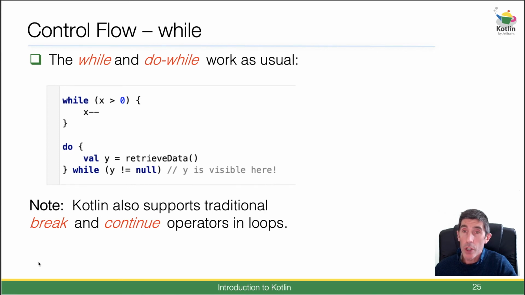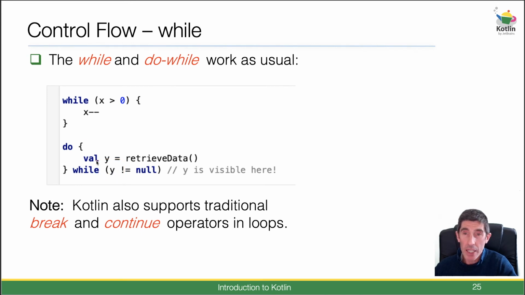Just to look at our while and do while, they work as usual. So you have a while x is greater than 0, and we could do x minus minus. Or our do while, where val y is assigned, we get the data, and then while y is not equal to null, we can do something. Just note that y is visible here. In Java, if you can remember, if we declared a variable inside the loop, it wouldn't be accessible because technically we're outside the loop.